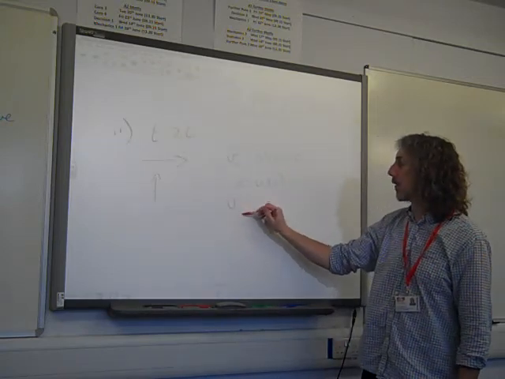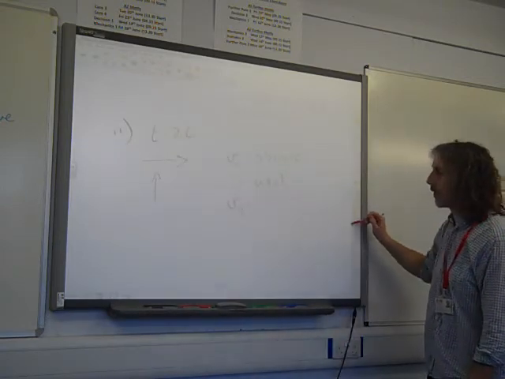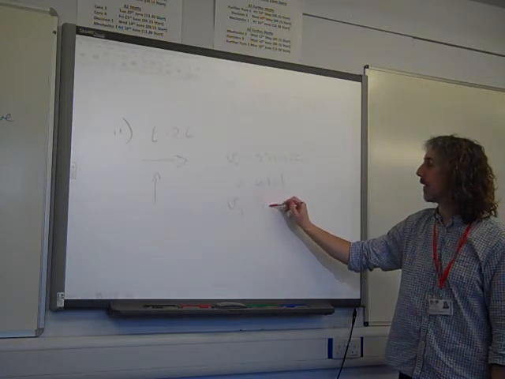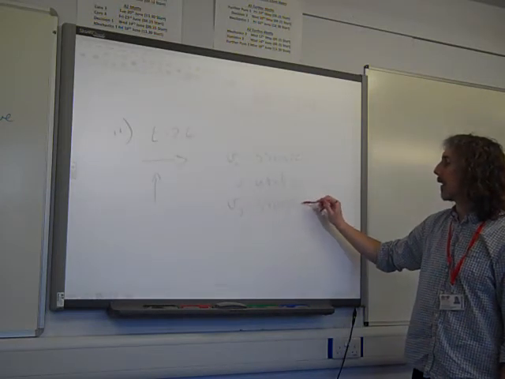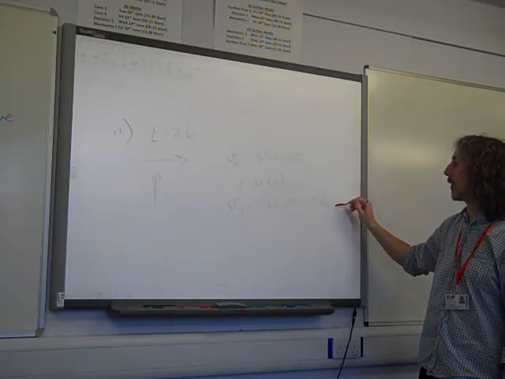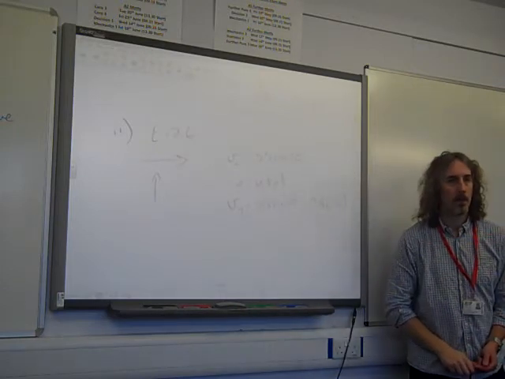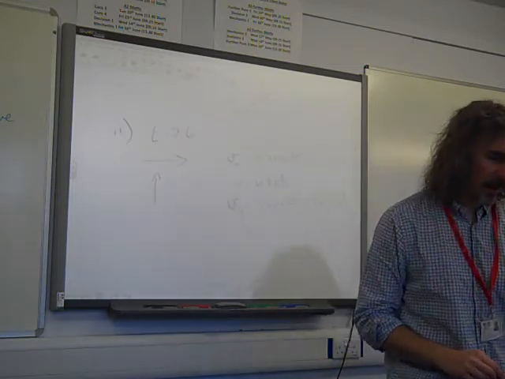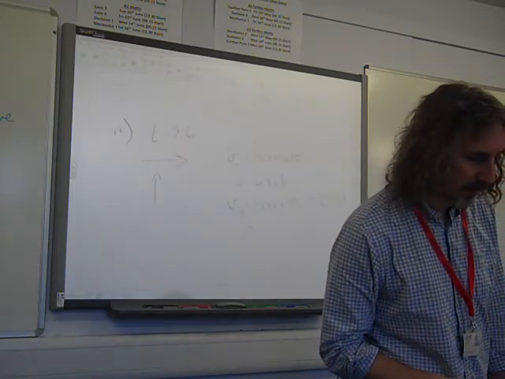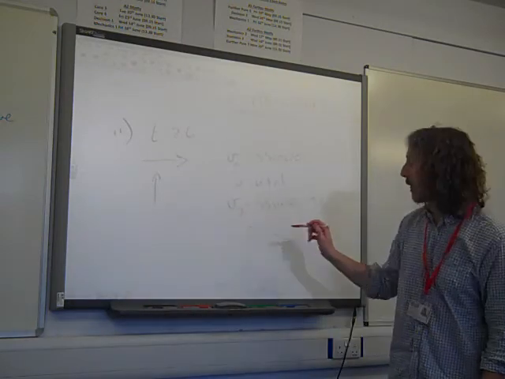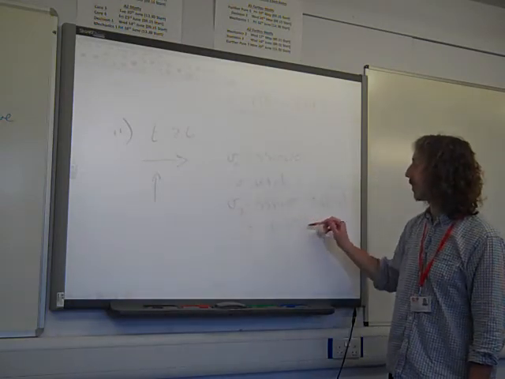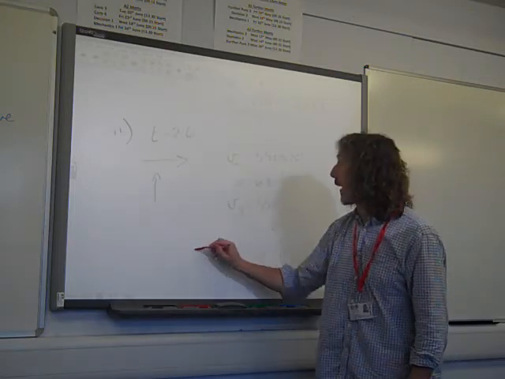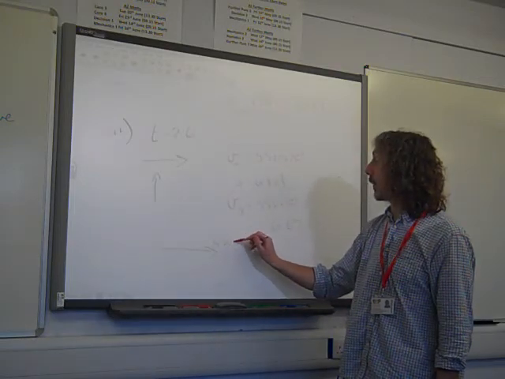So the vertical component is the initial vertical component of the speed, 55 sine 20, minus 9.8 times 2.6, which gives us minus 6.67 to three significant figures.